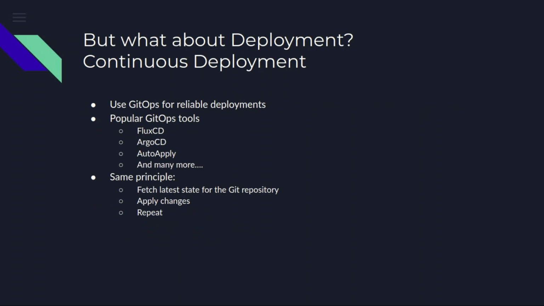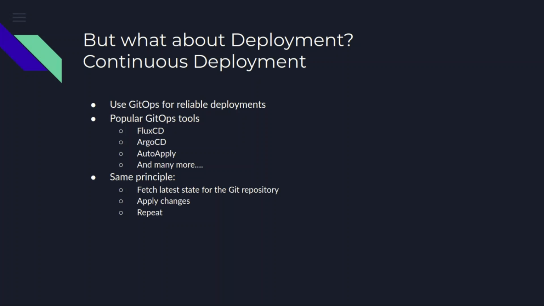So when we deploy our application, after the CI and CD cycles, we also want to deploy our applications continuously. For continuous deployment, we use GitOps, which has become the de facto standard for deploying your application on Kubernetes.